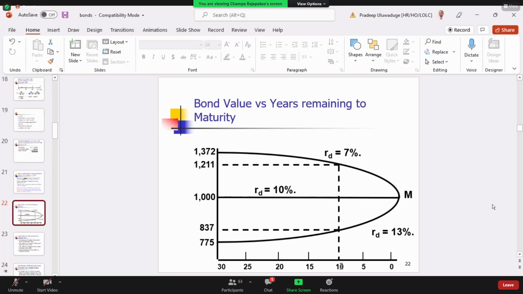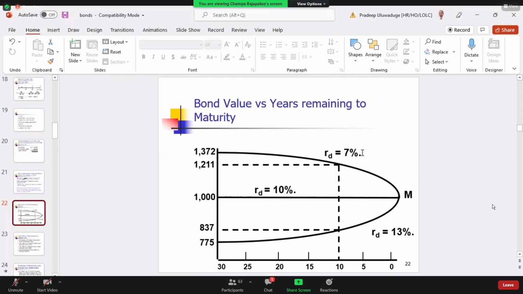Now, if the coupon rate equals the discount rate, we said the bond will sell at par, right? So if the RD is 10% and the coupon rate is the same, this horizontal line gives the value of the bond. Until maturity, it will be sold at par, at the face value.